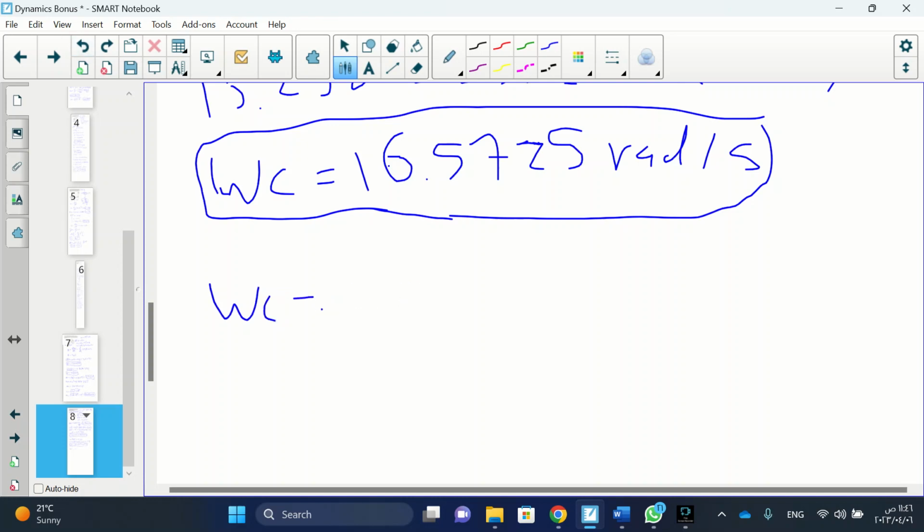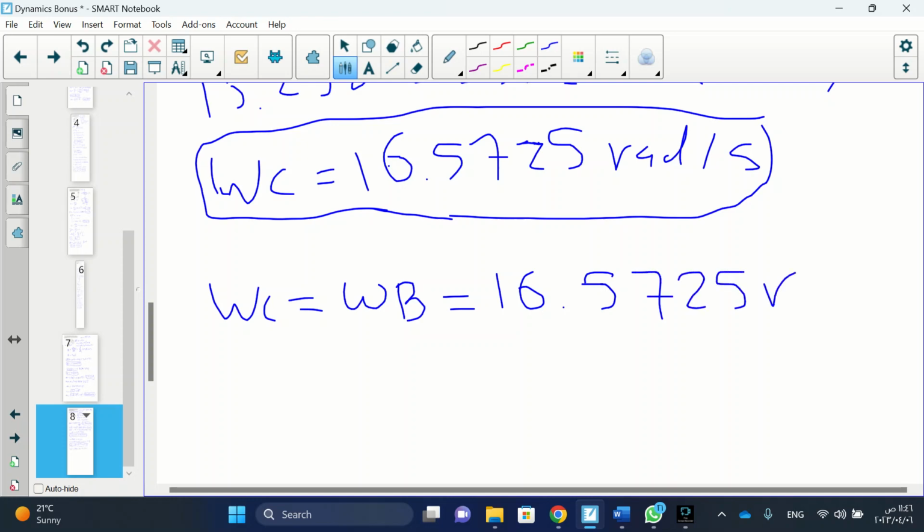So omega C is equal to omega B, which is equal to 16.5725 rad per second.